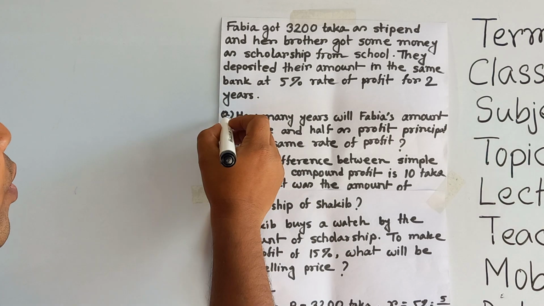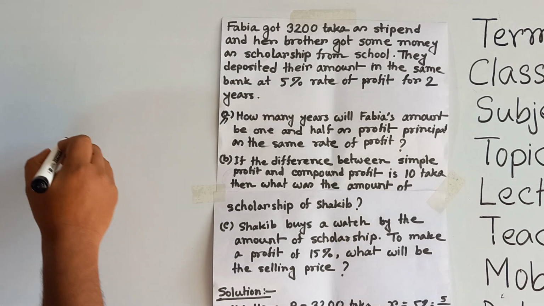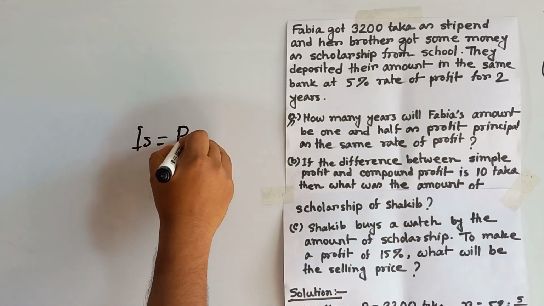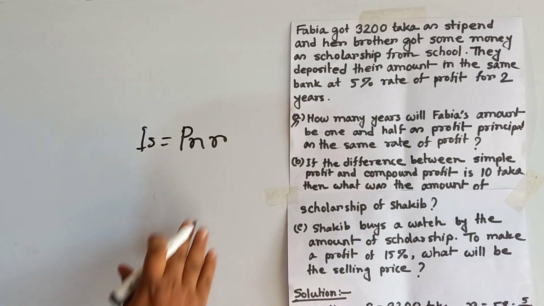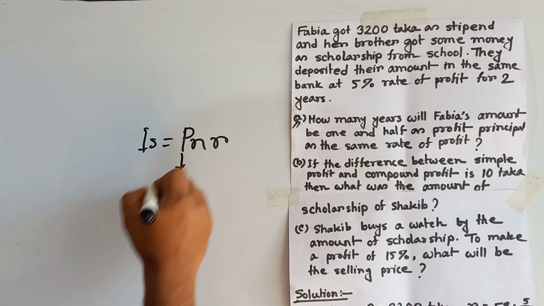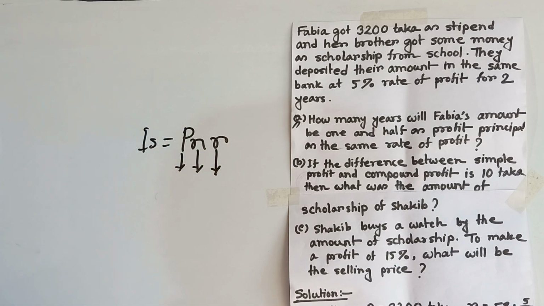My dear students, when you want to solve this question, you need to know the formula of simple interest. What is the formula of simple interest? The simple interest formula is I equal to PNR. From class 5, it is a known term. Here P means principal, N means time, R means rate of interest, and I means simple interest or simple profit.